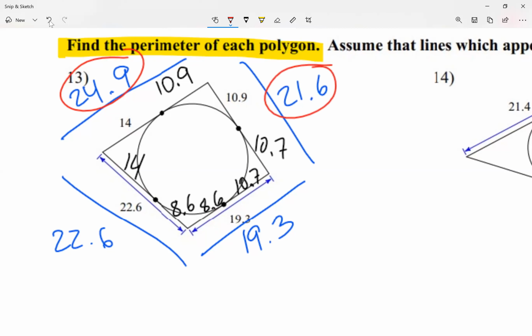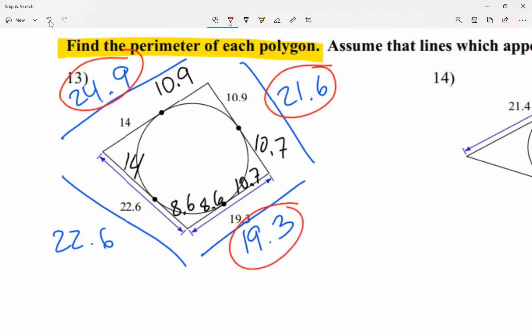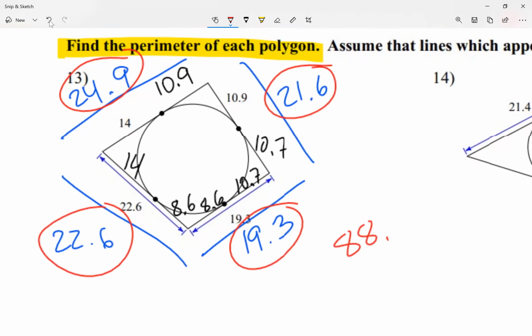I'm circling the numbers that I'm adding, plus 19.3 plus 22.6. Because my polygon has 4 sides, I needed to add 4 numbers. If my polygon only has 3 sides, you only have to add 3 numbers. Okay, so I added all my sides. In this case, it happens to be 88.4.